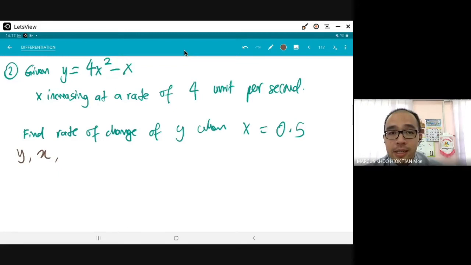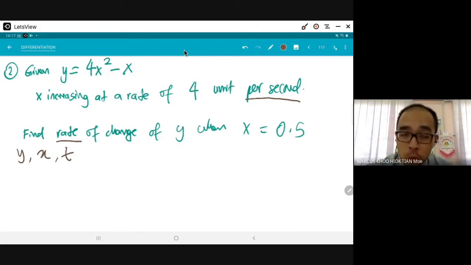Kenapa t? Sebab ada perkataan rate, ada lagi perkataan per second. So it is t. You identify the 3 letters, y, x and t. Lain-lain soalan huruf dia akan berlainan, tetapi biasanya akan ada t sebab ini adalah soalan rate.